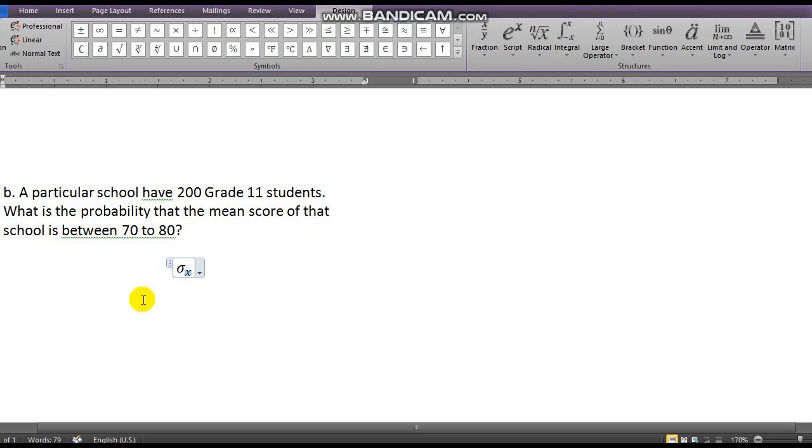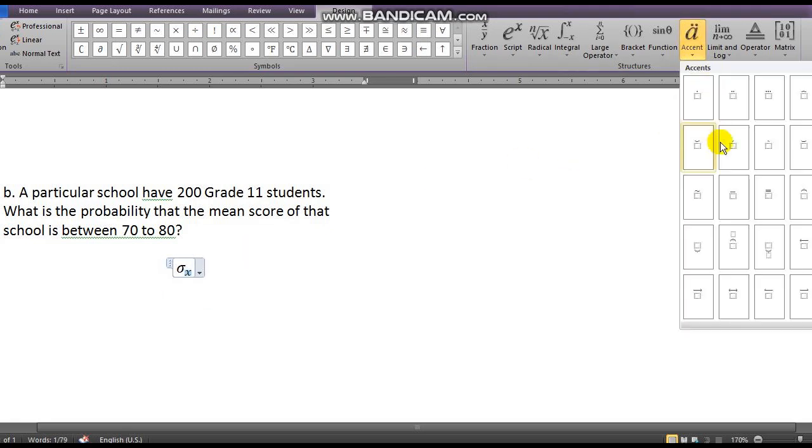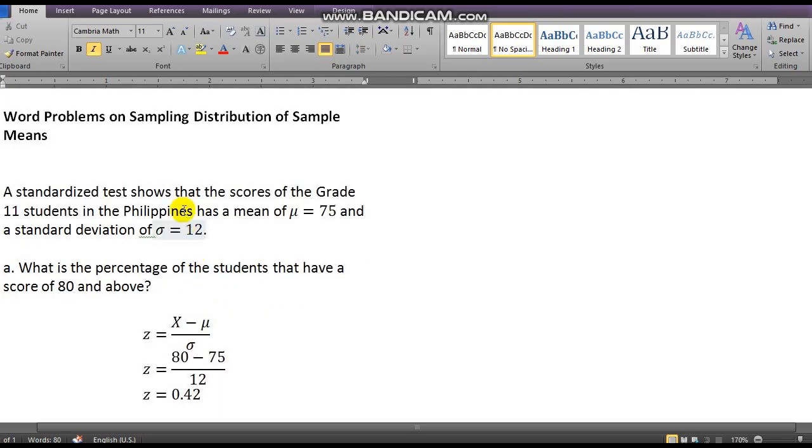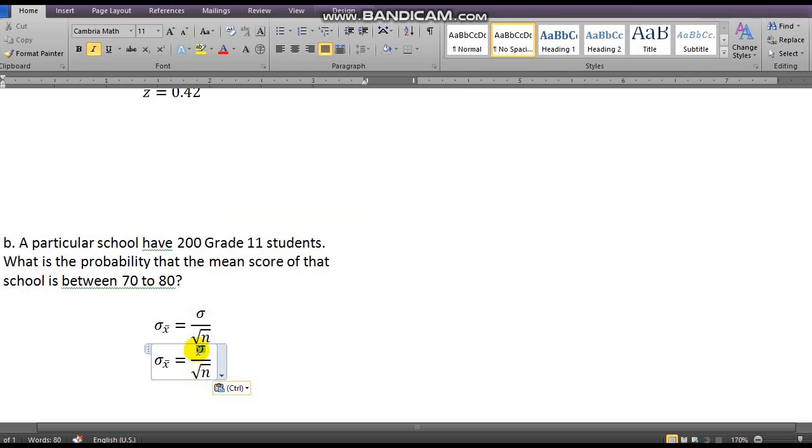So the sample standard deviation is equal to this formula: the population standard deviation divided by the square root of the sample size. Remember that the standard deviation is 12, and the sample size is 200.